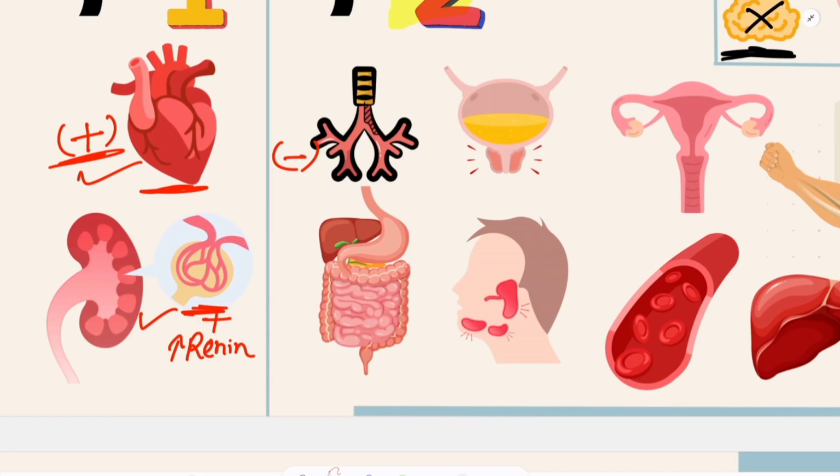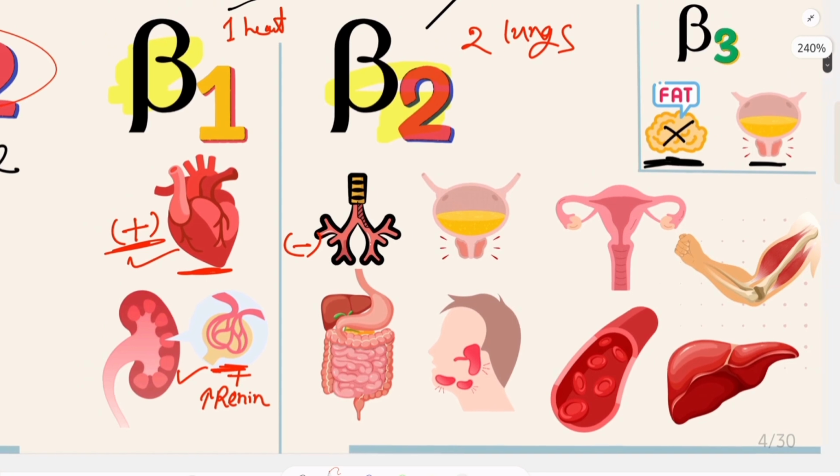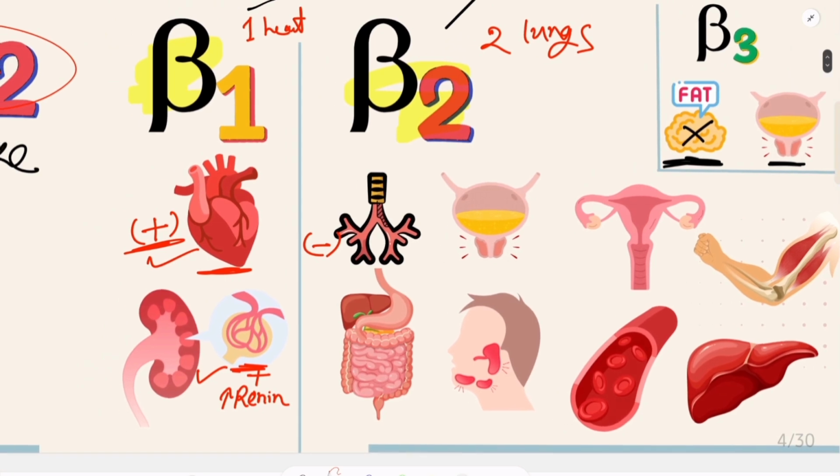You remember in parasympathetic system, we discussed M1, M2 and M3 receptor. The last M3 receptor was present everywhere. Similarly, here in sympathetic system, we discussed at last about beta 2 receptor. So, beta 2 receptor is present everywhere.